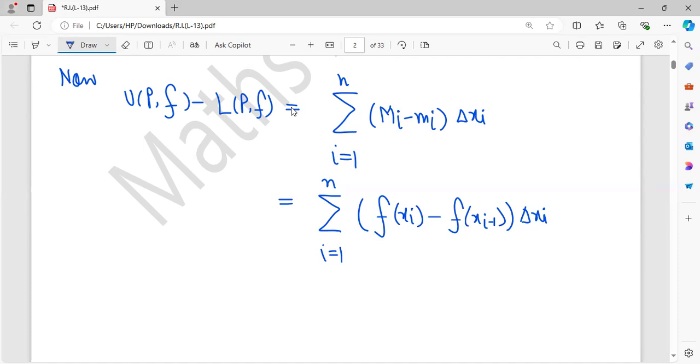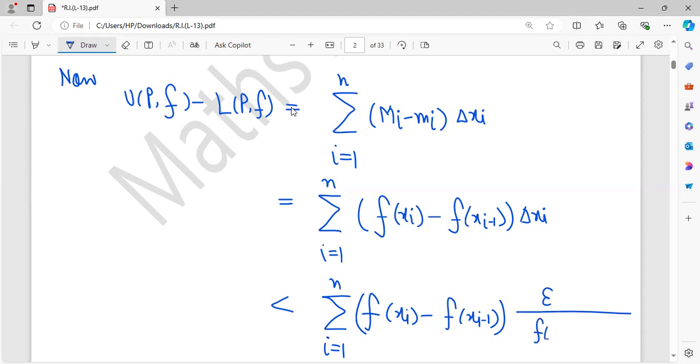Now the norm of the partition is less than delta, which is epsilon upon f(b) minus f(a) plus 1. So delta xi is strictly less than epsilon upon f(b) minus f(a) plus 1. So it means this is less than the summation i goes from 1 to n of (f(xi) minus f(xi minus 1)) times epsilon upon f(b) minus f(a) plus 1.